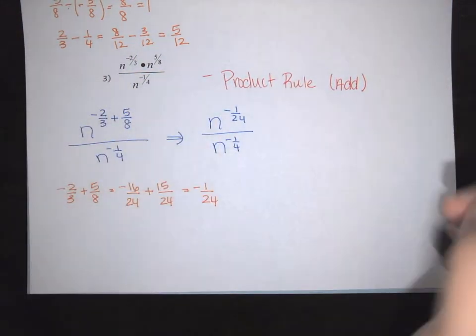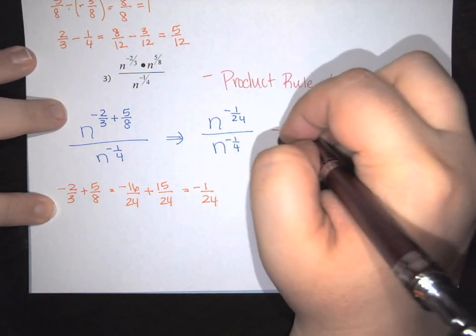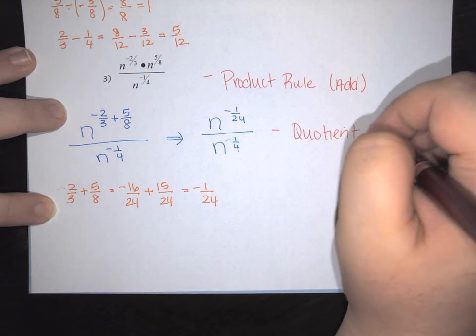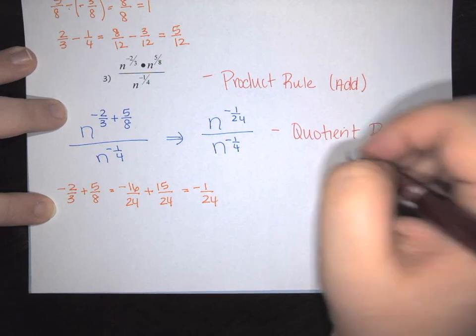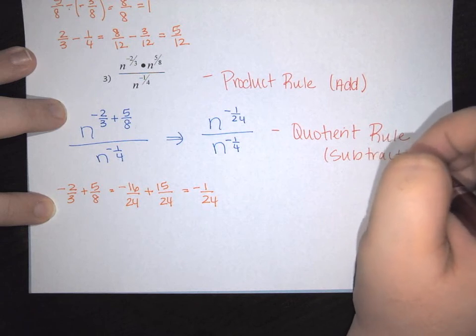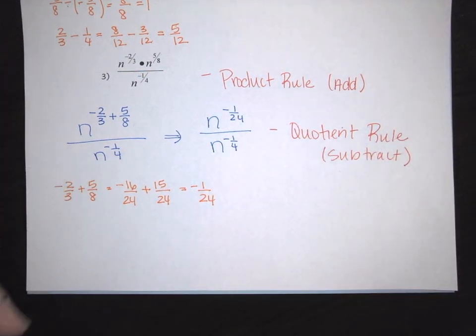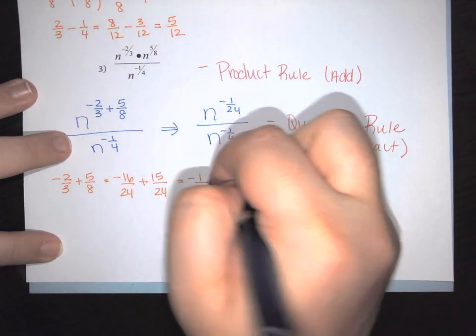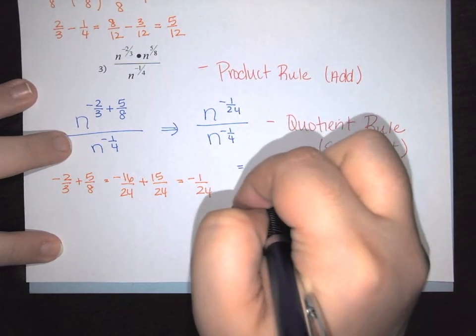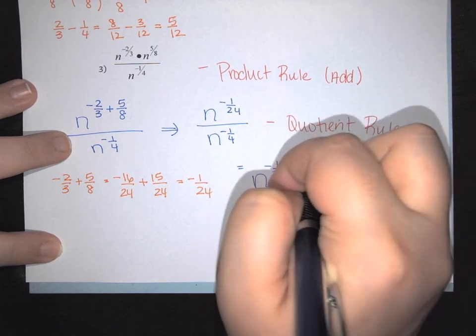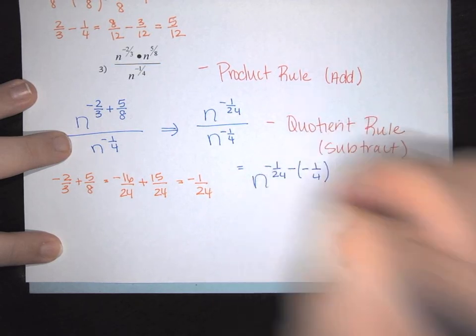Now with that, I now have to use my quotient rule. The quotient rule says I have to subtract the powers. And so here what's going to end up happening is that we are going to end up with n to the negative 1 over 24 minus negative 1 over 4.